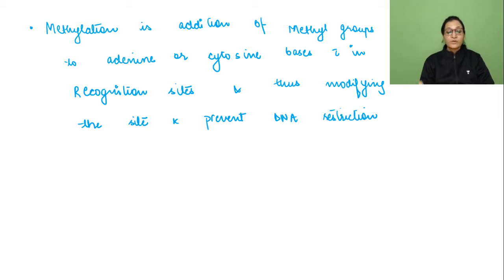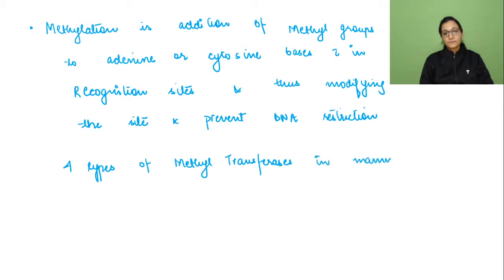So addition of methyl group to adenine or cytosine bases. Right. Now types of methyl transferases in mammals are of four types. So first is DNMT1.